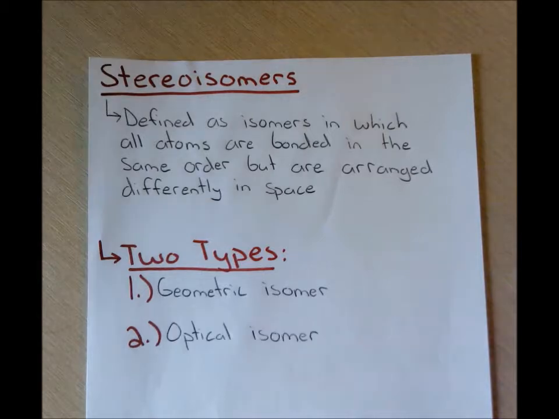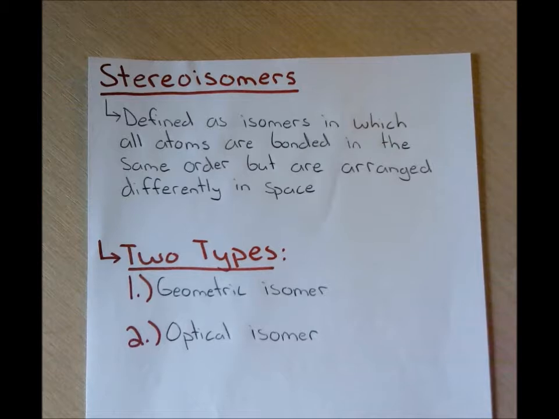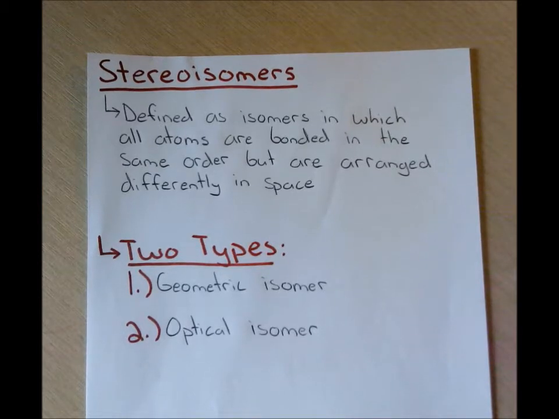So again, we can further classify isomers into stereoisomers, and we can subcategorize that into geometric and optical isomers. So what we'll do now is transition to talking about the details of each of these types of isomers.